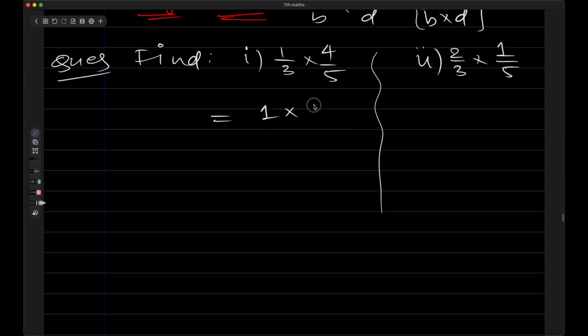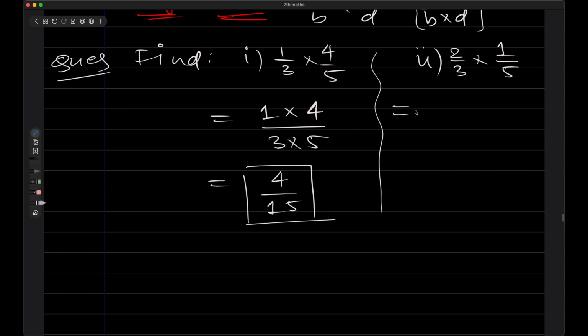The product of numerators is 1 into 4, divided by the product of denominators, 3 into 5, that is 1 into 4 is 4, 3 into 5 is 15. Then the product of numerators 2 into 1 and the product of denominators 3 into 5 is equal to 2 divided by 15.